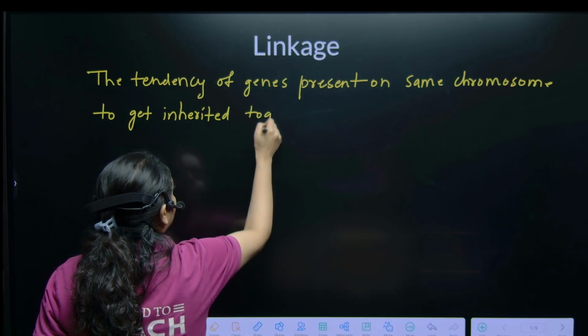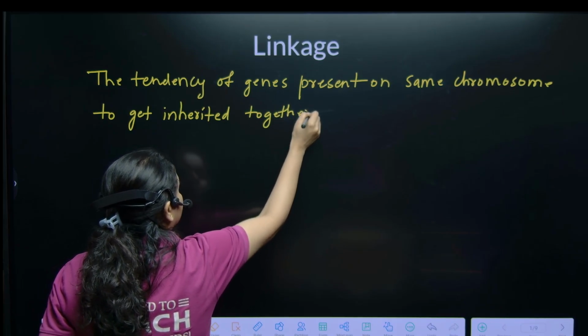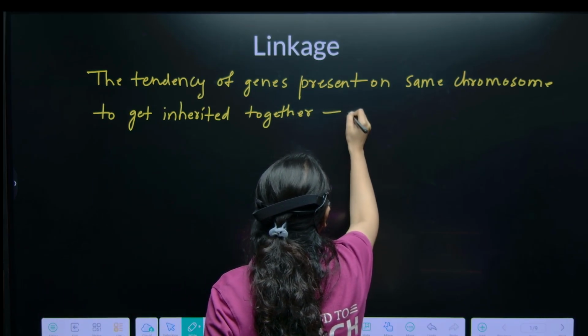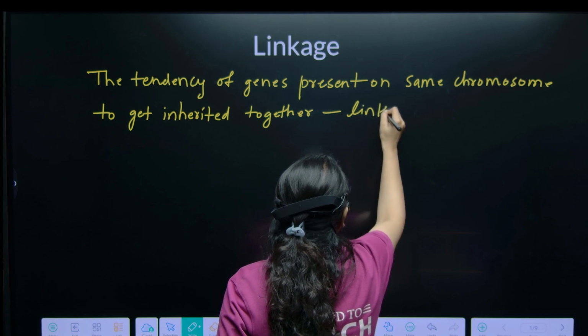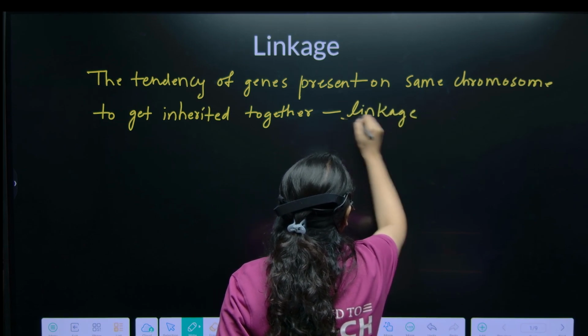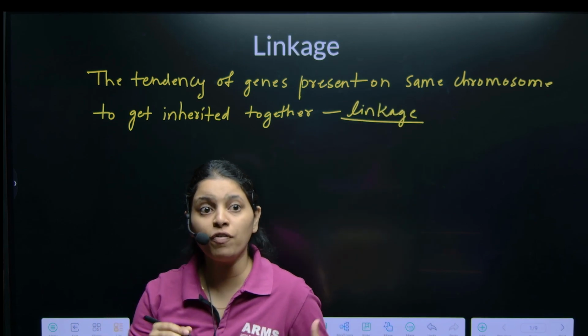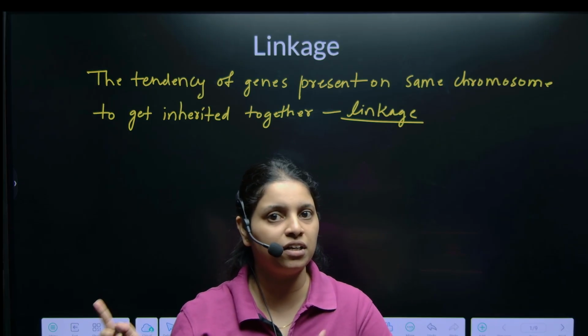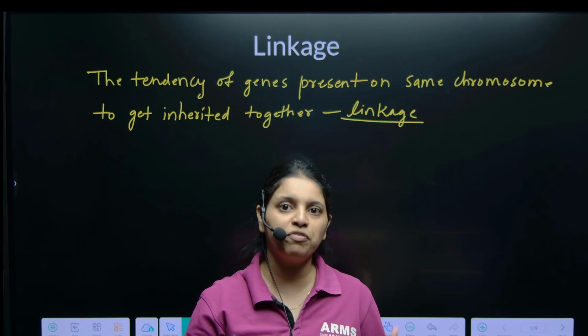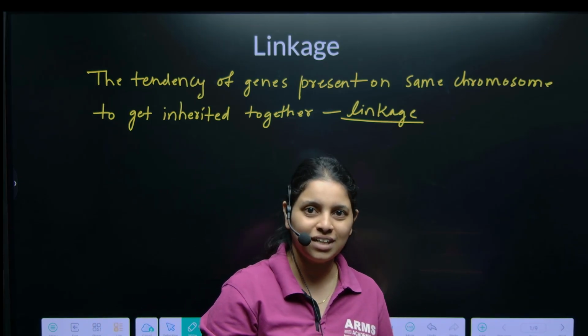This is linkage. Okay. Let's take an example to first distinguish between independent assortment and linkage, and then we will also study the Morgan experiment.